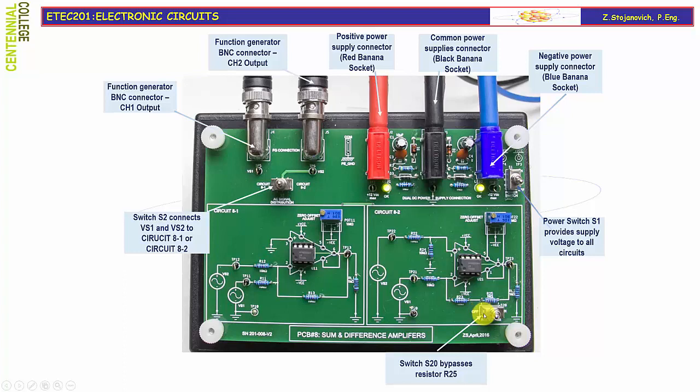Pay attention, there is a small switch here which can bypass a 1K resistor or leave it in the circuit, in this feedback circuit. This will artificially introduce a mismatch between resistors, so you will be able to explore what that means if those four resistors are not identical as required by perfect differential amplifier operation.